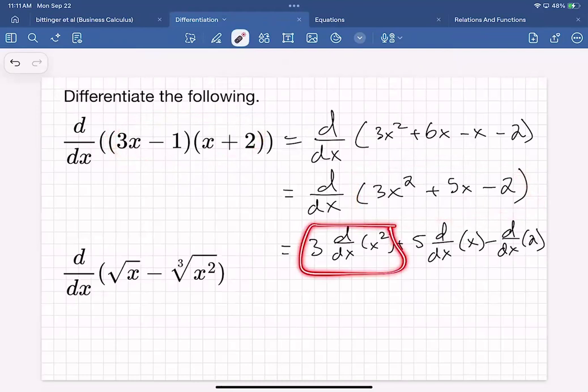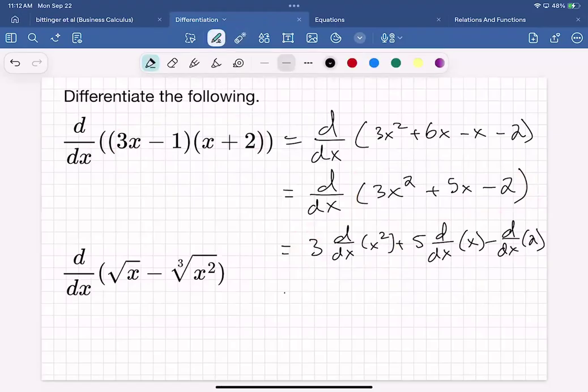this multiplication is different because this is what we call, again, a constant multiple. Right? We were just multiplying by 3. So that's why we can treat that multiplication different. But using the power rule on this first one, we'll get 3 times 2x. What did we say the derivative of just x was, though?